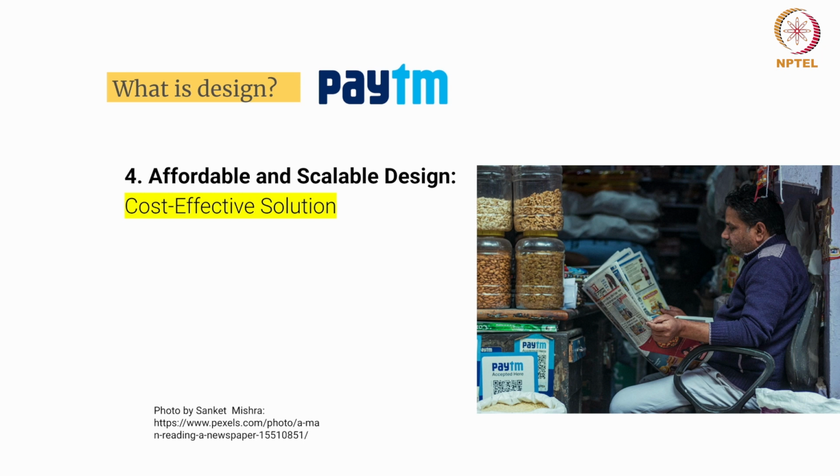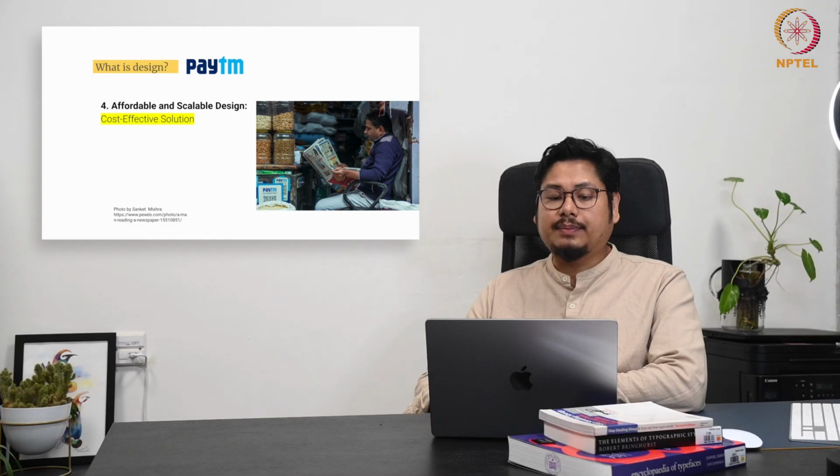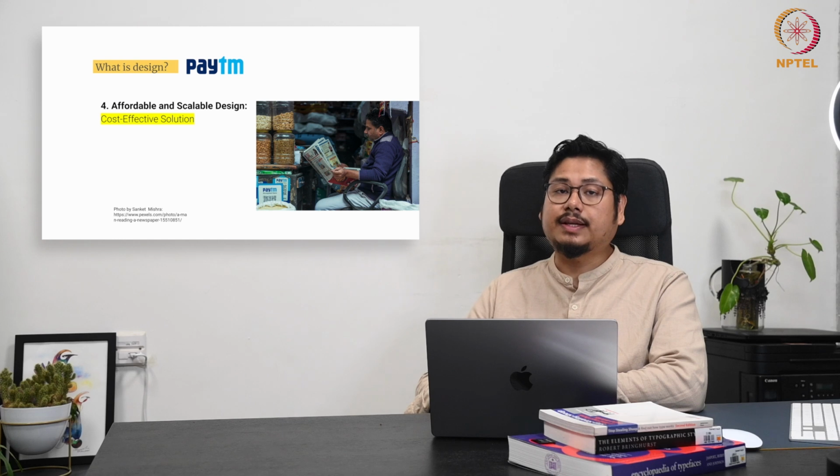And that's a very important part. If you want your product to sustain in the small scale industry, it should be affordable, and Paytm has created such an ecosystem where smaller segments, small scale industry, can easily adapt to this technology.